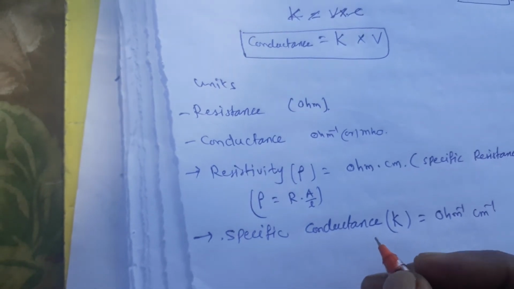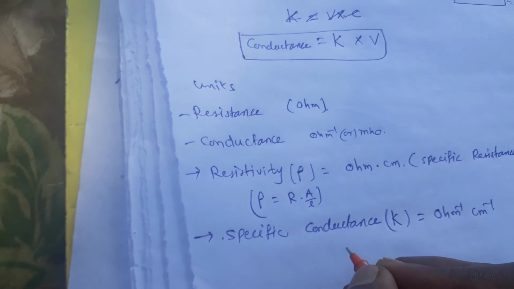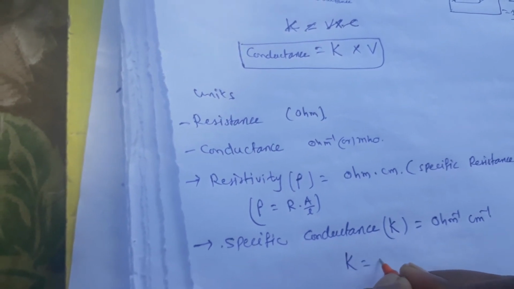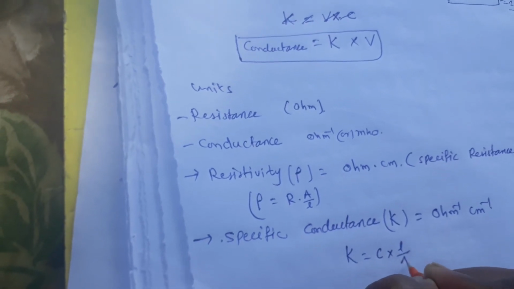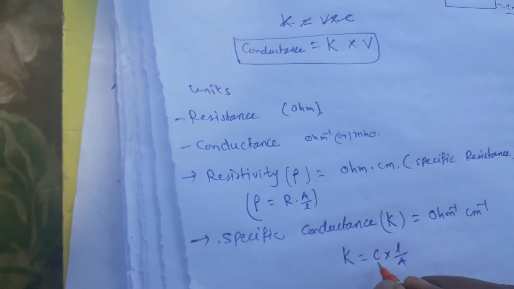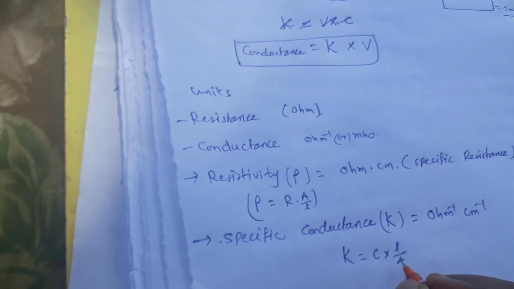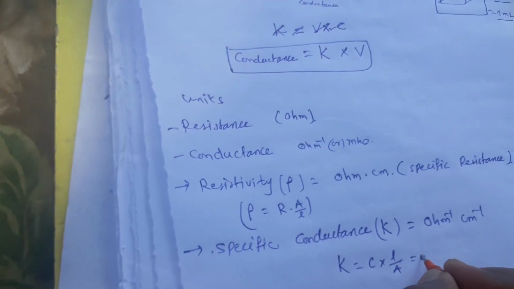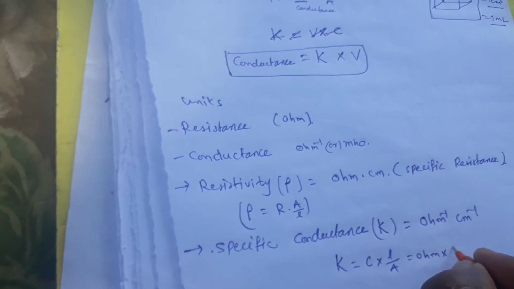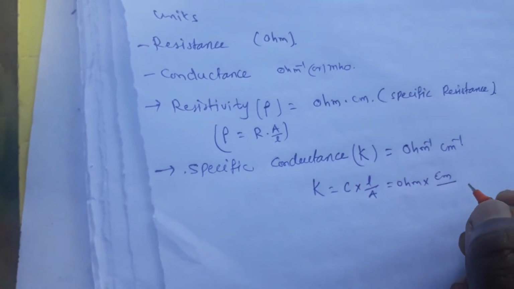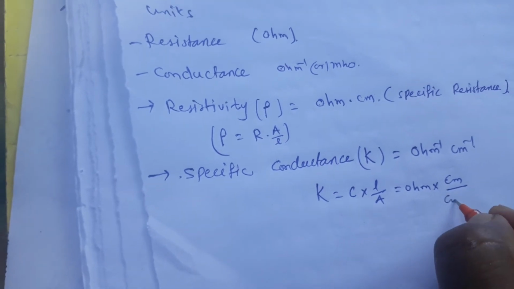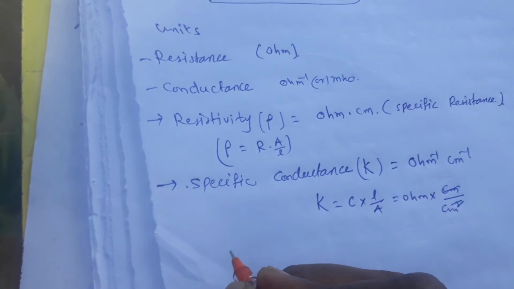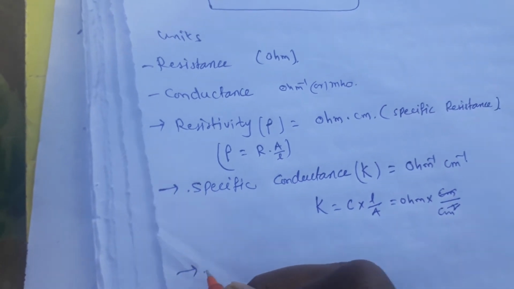Kappa is equal to C into L by A, that is conductance ohm inverse, 1 by R into L by A. L is the length in centimeter and A is centimeter square, so centimeter gets cancelled. So here it is ohm inverse centimeter inverse.